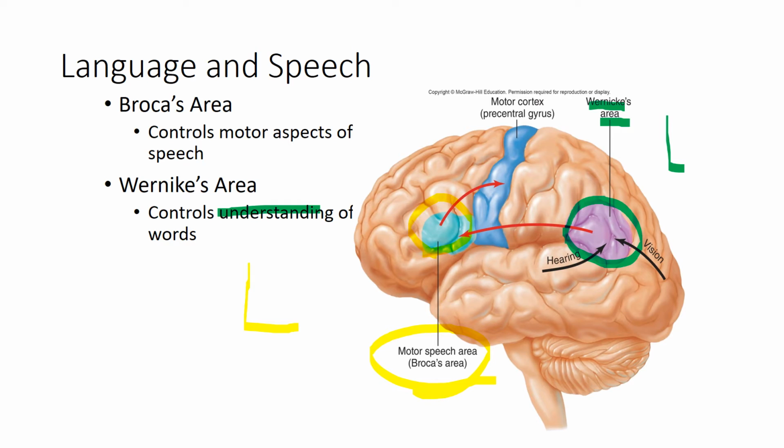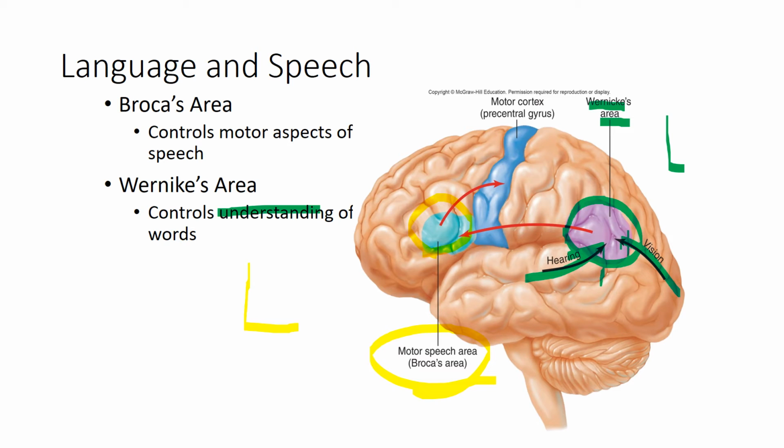This is called a word salad, where comprehension of written and spoken language is completely destroyed. Wernicke's area is important for controlling understanding of words, and information about written words is sent by the occipital lobe with the visual cortex, as well as by hearing of sounds. So if this is damaged, you have difficulty producing meaningful speech.